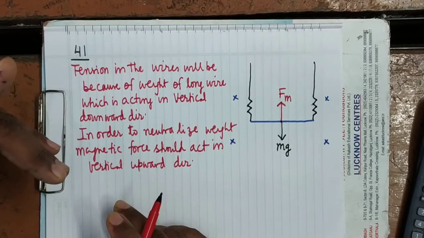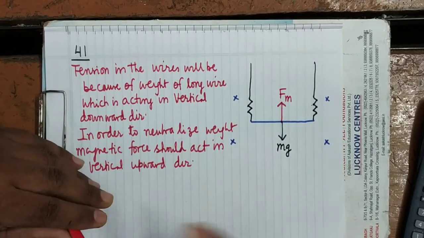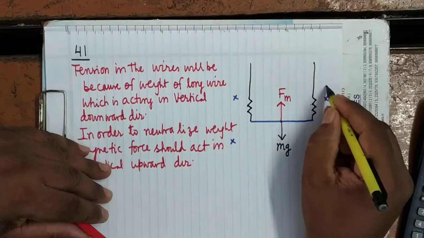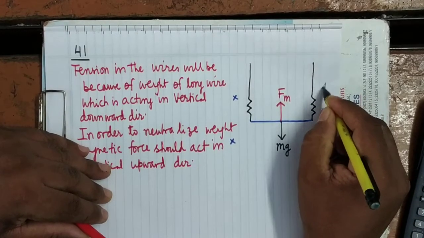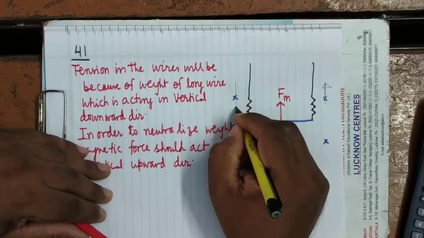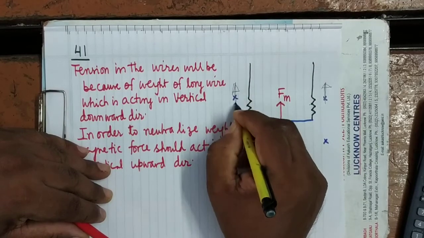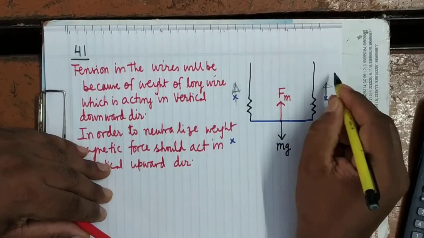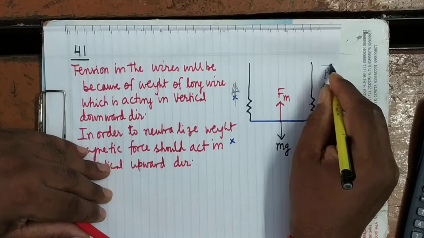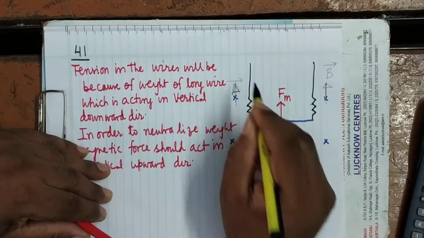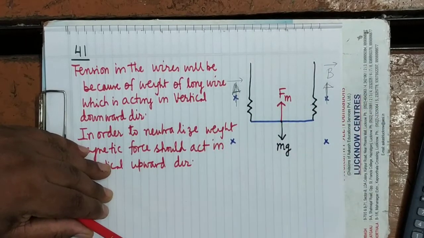You can take the magnetic field here actually this way. This is the direction of magnetic field. Otherwise it will not come. Magnetic field is along the plane of paper upward.